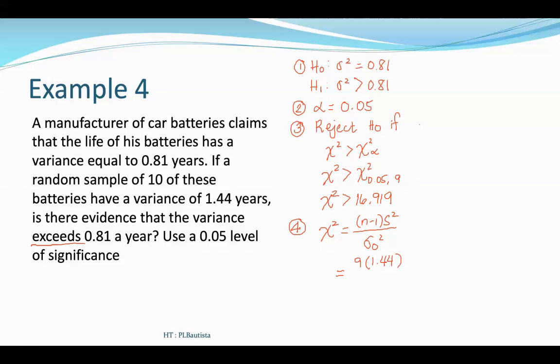The given value is 1.44, and that is already the variance, right? And the symbol s squared already refers to the variance, so we do not need to square 1.44. So it will just be 9 times 1.44 divided by 0.81. And this would be equal to 16.